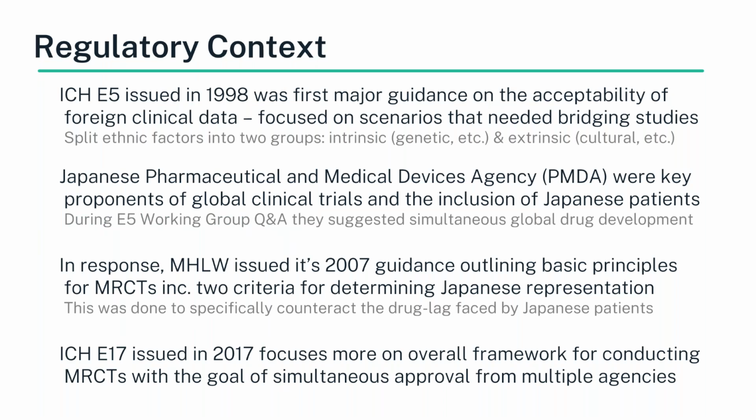In that document, they highlighted that they wish to, first of all, aid with the number of sponsor queries they were getting regarding multi-regional clinical trials, but also to encourage the use of these global trials to facilitate the inclusion of US patients, something similar to what Japan's facing, because in the document they've noted that overall the number of US patients is decreasing in these oncology trials.